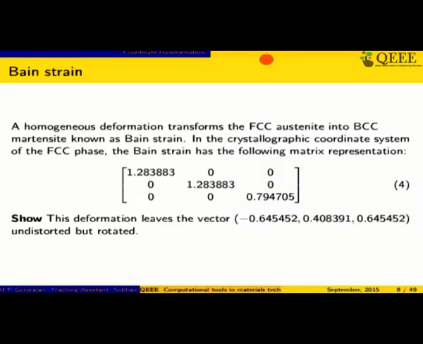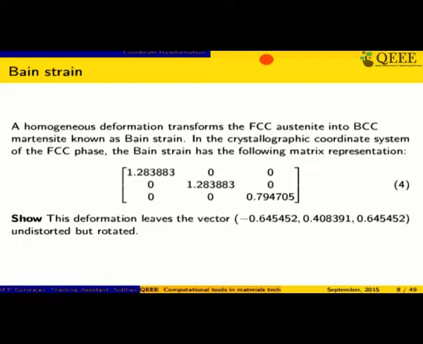Okay. So there is something known as Bain strain, which is very, very important. So what is Bain strain? It is a homogeneous deformation which transforms FCC austenite into BCC martensite. Okay. So why is this important? Steels get some of their very good properties because of this phase called the martensite.